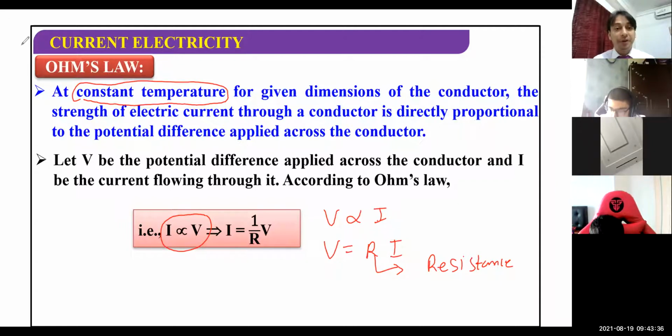Why the temperature is constant, I will explain when I discuss resistance. But he took a necessary condition that temperature should be constant. It means he tried to change the temperature, and finally concluded that the result came out different, so he maintained the temperature constant.